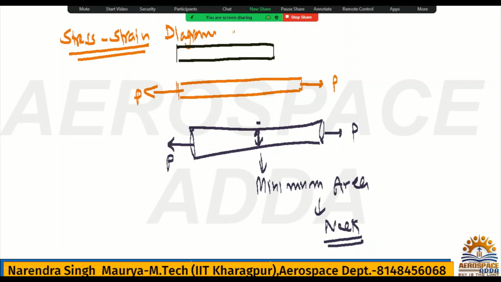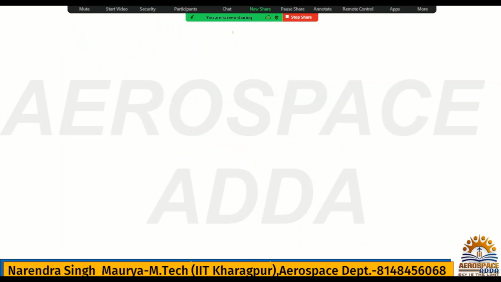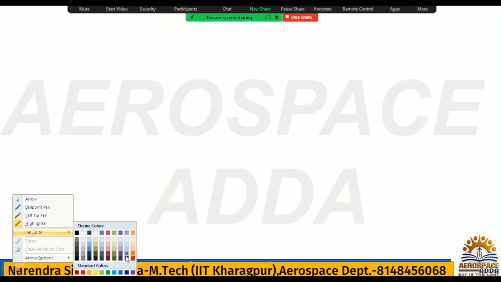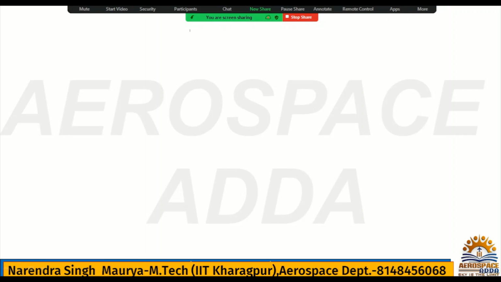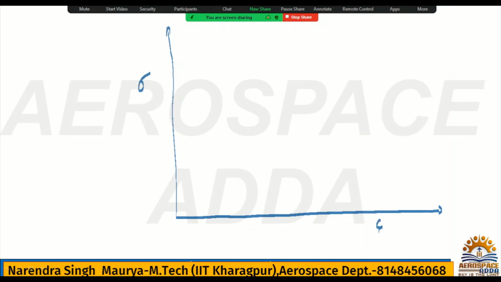How does it look? It's very simple. Once you increase the load, the stress strain diagram will be something like this.